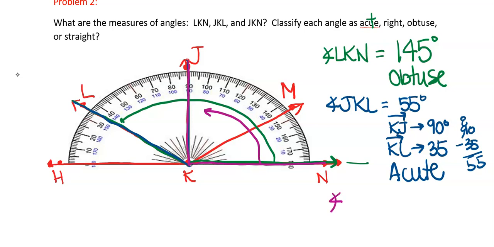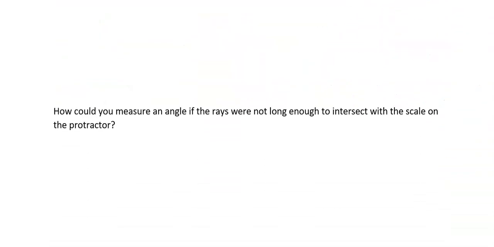So angle JKN equals 90 degrees. We'd say 90 degrees, subtract 0, which is 90, or just look at it and it's a right angle. And this one is right. So don't forget to classify as right, obtuse, straight, or acute.